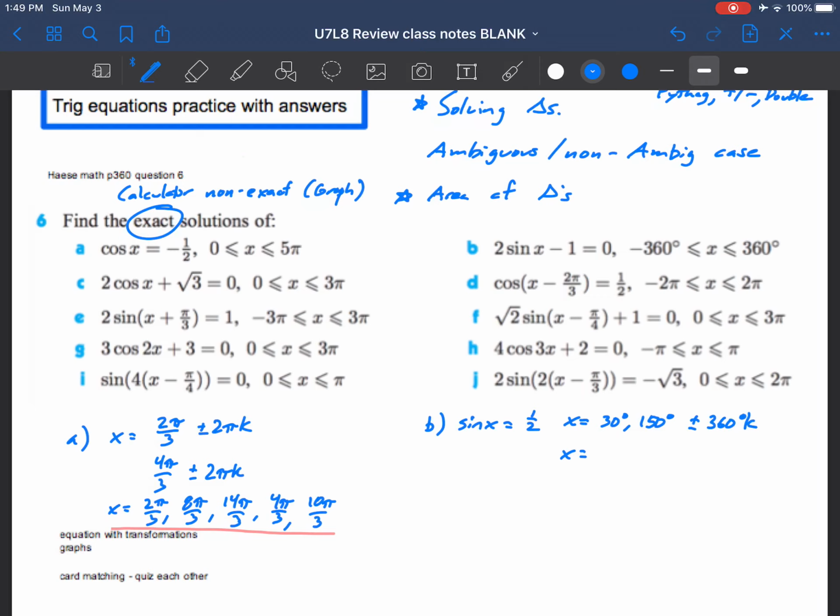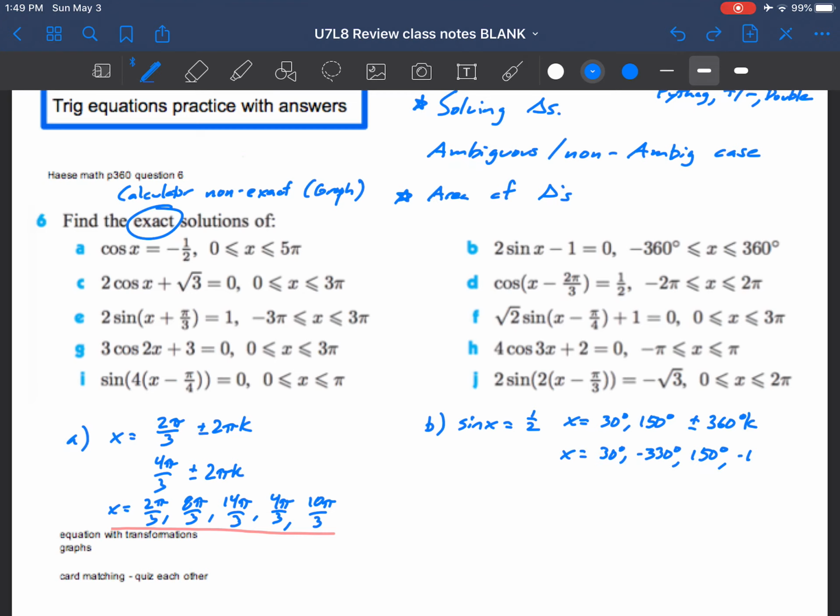To save some space, I'm going to try and do this in my head, and that's probably not going to be a good idea, but we'll see. So 390, no, that doesn't work. But I can go negative. So minus 360 would be negative 330, and that's okay. 150, yeah, that works. Plus 360 is going to be too big. Minus 360 is negative 210. Whoops.